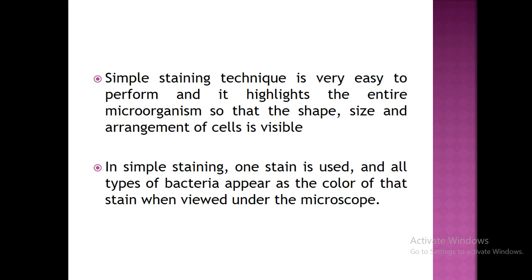At the end of the staining technique you will find the color of the bacterial cell will be blue. If a red colored stain is used, the color of the bacterial cell will be red because a single stain is used. The importance of this technique is that it helps to observe the entire microbial cell shape, size as well as arrangement of the cell.